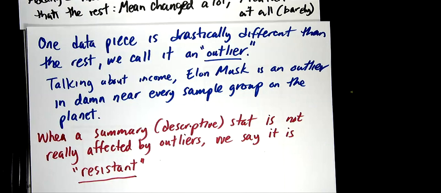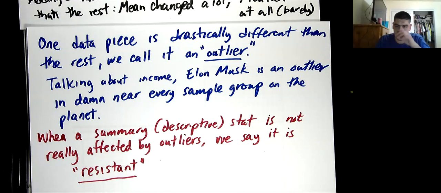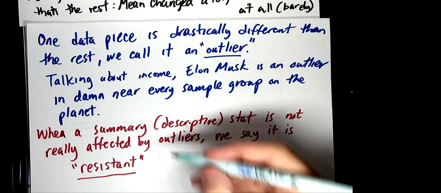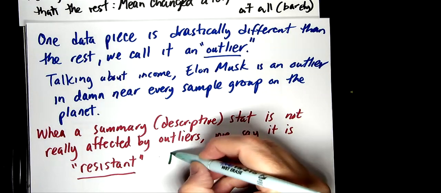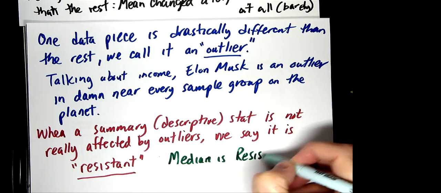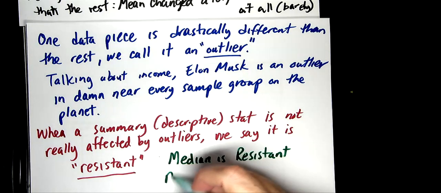It resists the influence of outliers. In the examples we had with median and mean, median is resistant. Mean is not resistant.